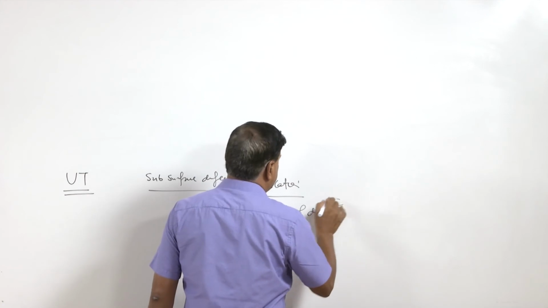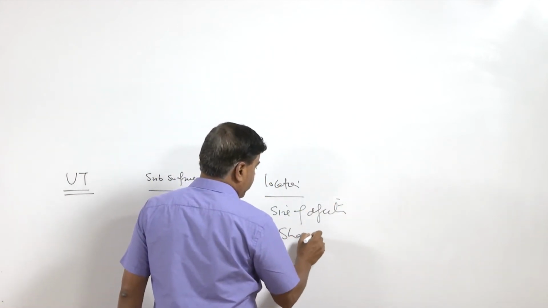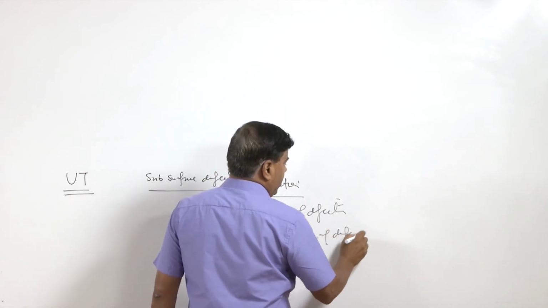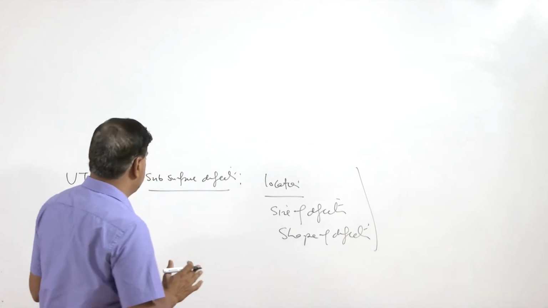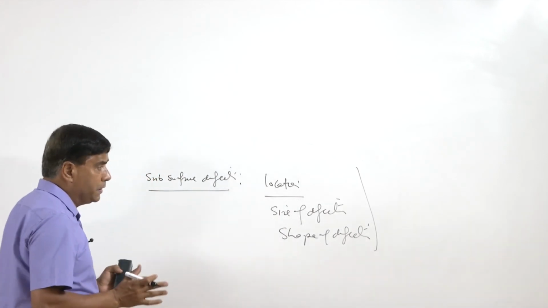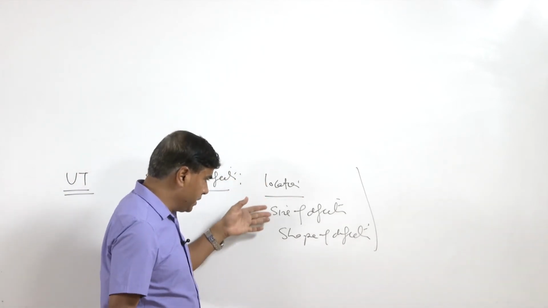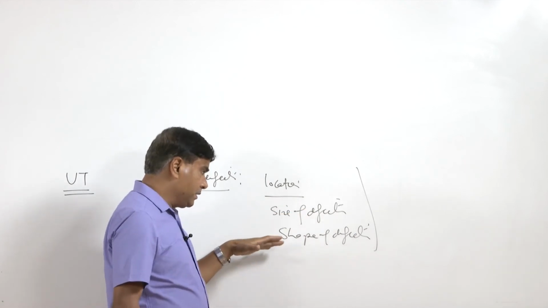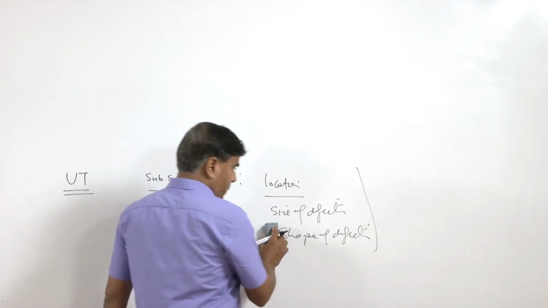In addition to this, it also helps us to see the shape of the defect in the subsurface zone. So, the ultrasonic test is a very convenient and very useful test in establishing the kind of discontinuities, the size of the discontinuities, the shape of the discontinuities, and where they are present.